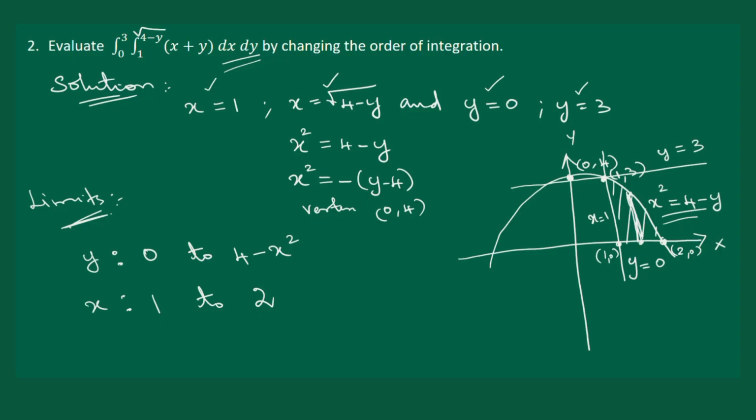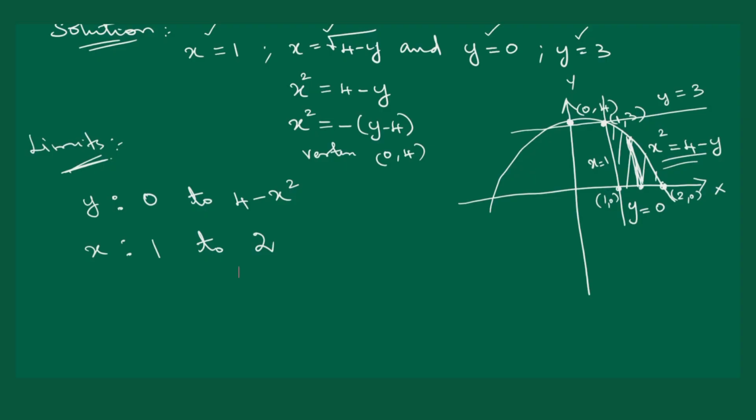So now this is the problem. Our question is the integral 0 to 3 and 1 to root of 4 minus y of x plus y dx dy. This is the given question.